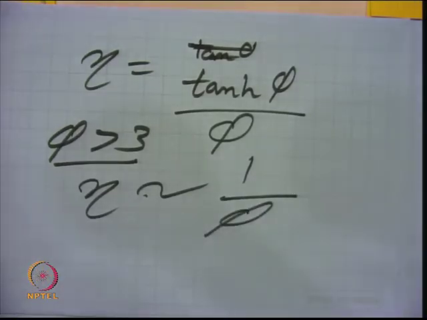So, this shows that in the strong pore diffusion resistance case, the effectiveness factor is inversely proportional to the value of the Thiele modulus, right. The Thiele modulus simply represents the diffusion resistance which is dominating in the pore of a catalyst.